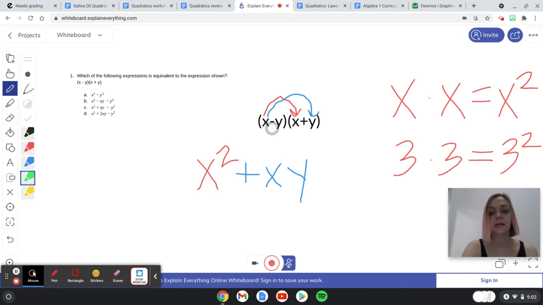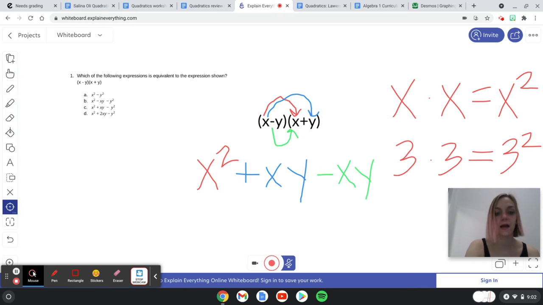So I'm going to take negative y times positive x. I know that's going to give me a negative number because I have a negative times a positive, and it's just going to be xy, because I have x times y, and it's negative.